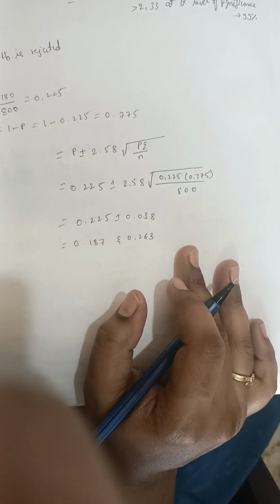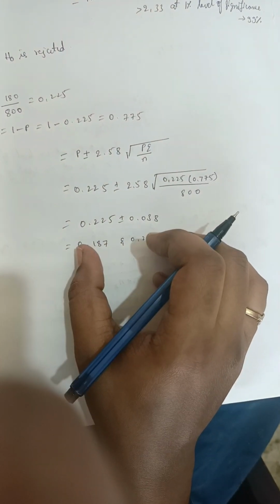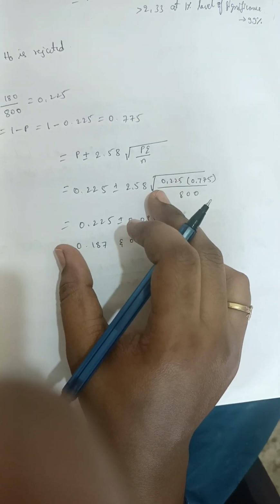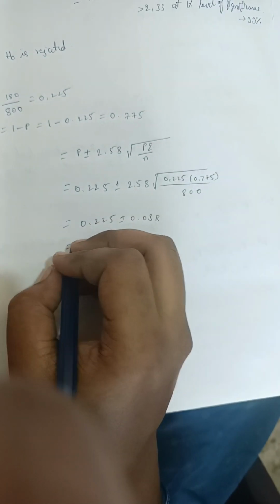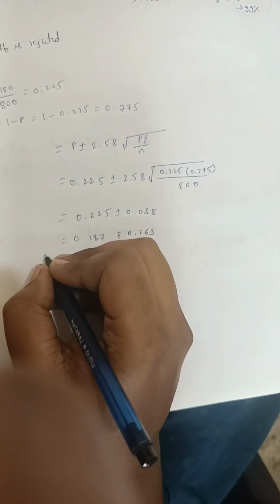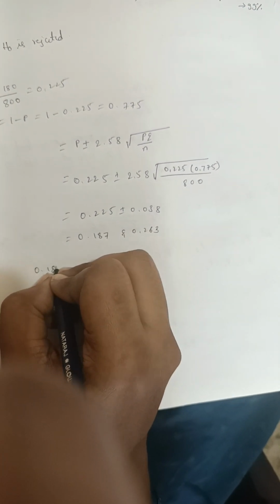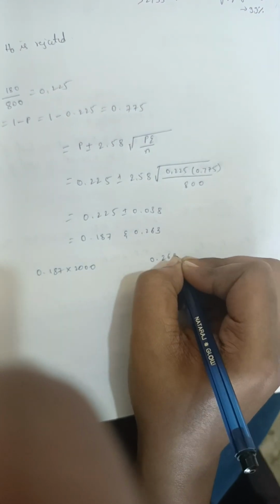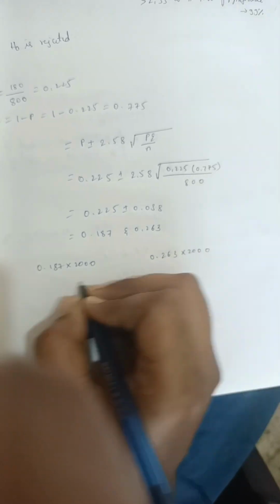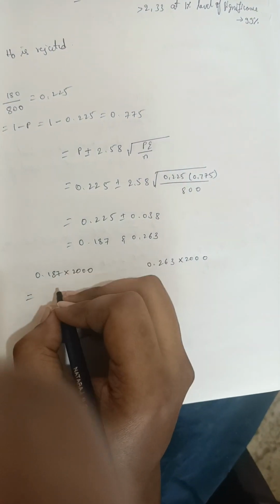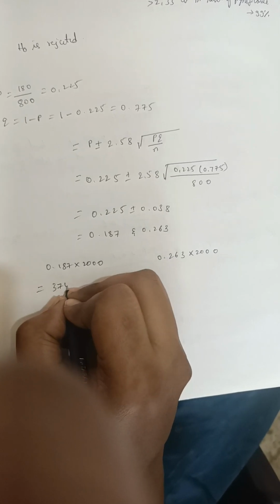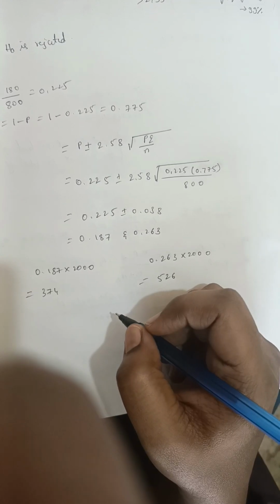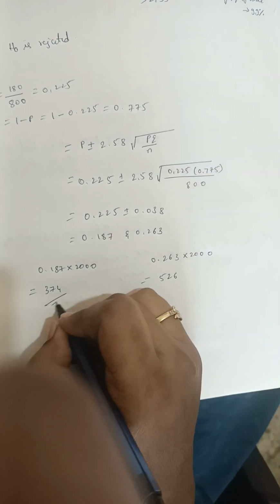Then the probable limits of the illiterate families in the population: now we find for 2000 families, 0.187 into 2000 and 0.263 into 2000, and we get 374 and 526 as the probable limits of illiterate families.